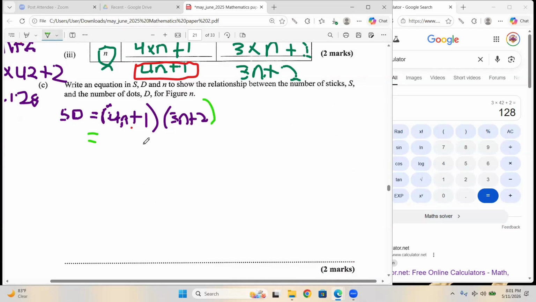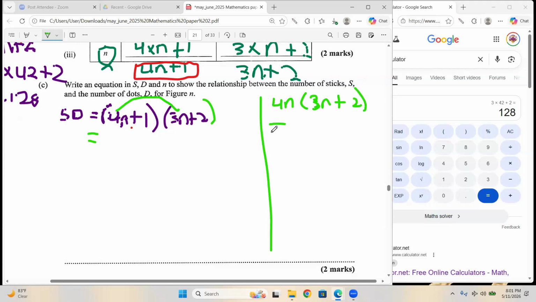All right. So when you have two brackets, you take in one term from the first bracket and multiply by the entire next bracket. So 4n has to be multiplied by 3n plus 2.